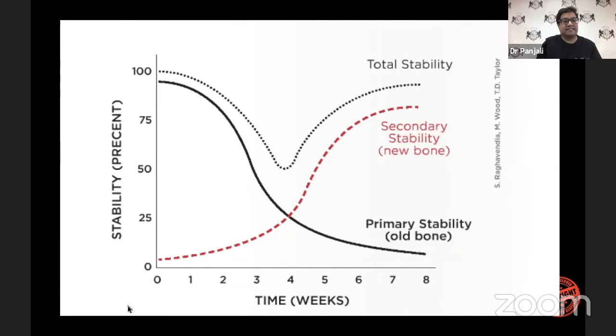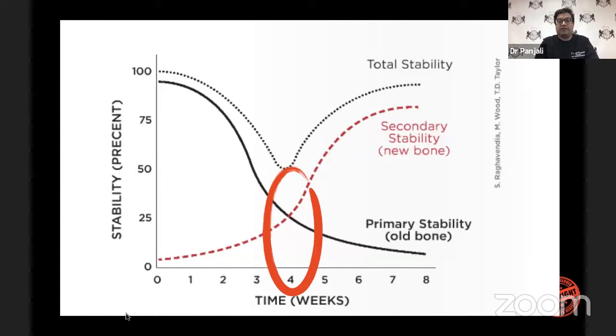So what it says is that initially the implant stability on day 1 could be at 100%, but as the weeks go by, by the time we get to the 4th week, the implant is the most unstable. So why is it so important to know this? Because you should be telling your patients, Mr. Jones, during the 4th week, I want you to be very, very careful. Don't put any pressure on that area.